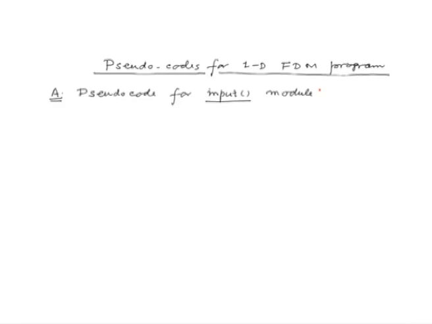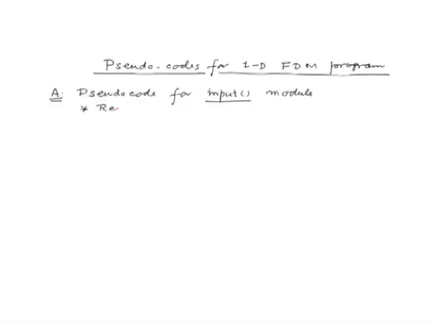So what is the input module supposed to do? It is supposed to ask the user to input all the required data. Our code should prompt the user to input a certain set of data. So this is what we will write here: read XA, YA and number of divisions.